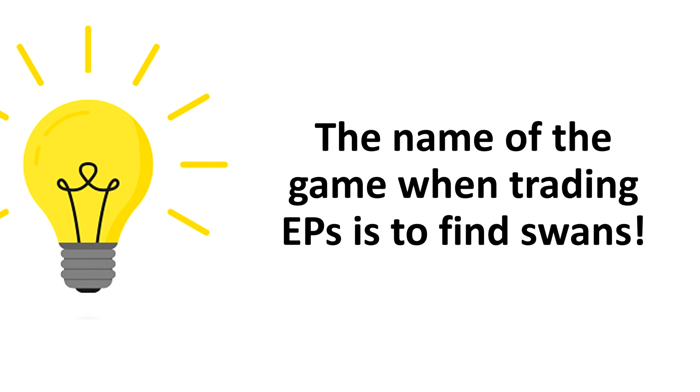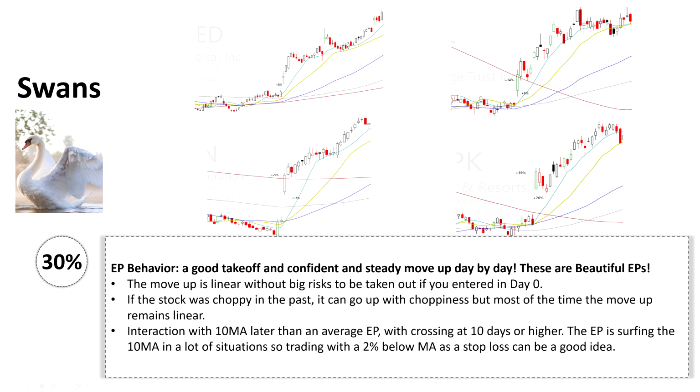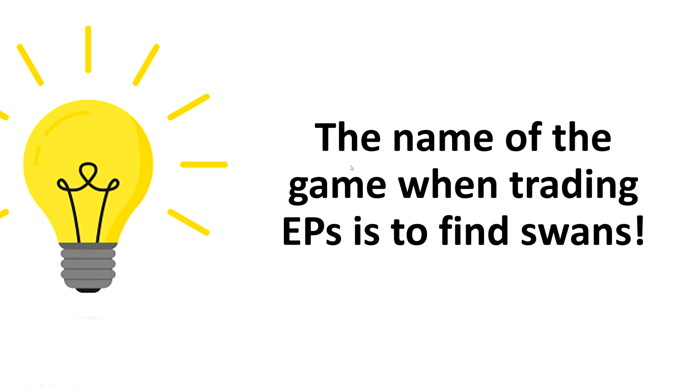But then there is another big insight during the deep dive. The name of the game when trading EPs is to find swans. You want to find these moves because they are nice, profitable, linear, and there's not so much drama. So when it comes to EPs, you want to be in one of these.